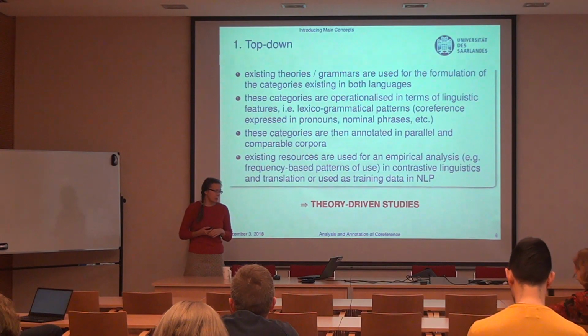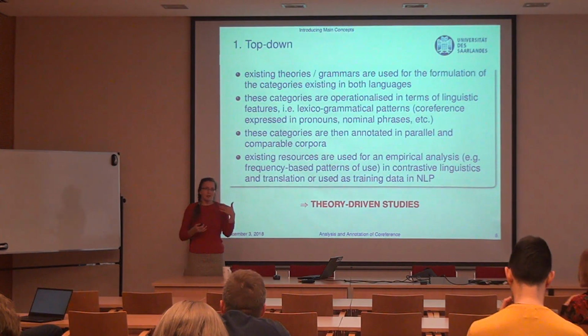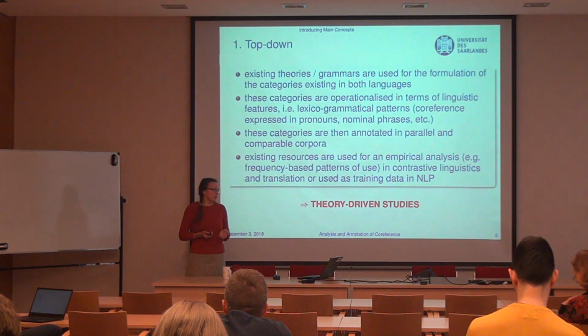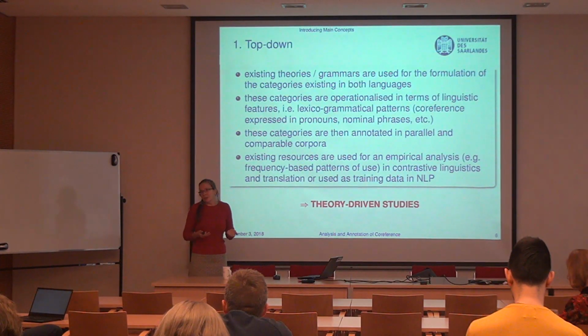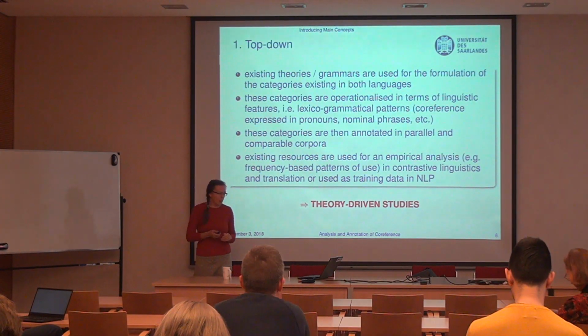other linguistic means. Then we annotate them, so mark them in the corpora, and then the annotated resources are used for either empirical analysis, like in the case of contrastive and translation studies, or as training data for natural language processing.